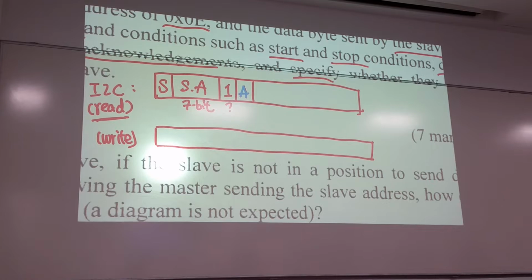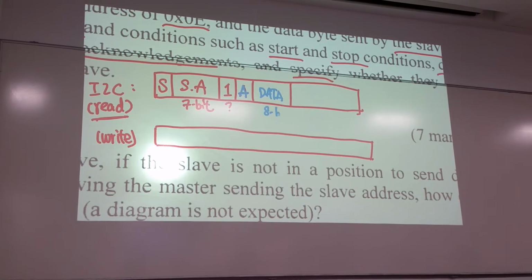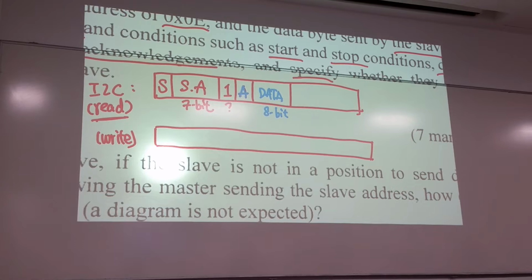If the slave is available, it is able to send data. So followed by this, you will have data sent by the slave, which is 8 bits. Then, who should respond?